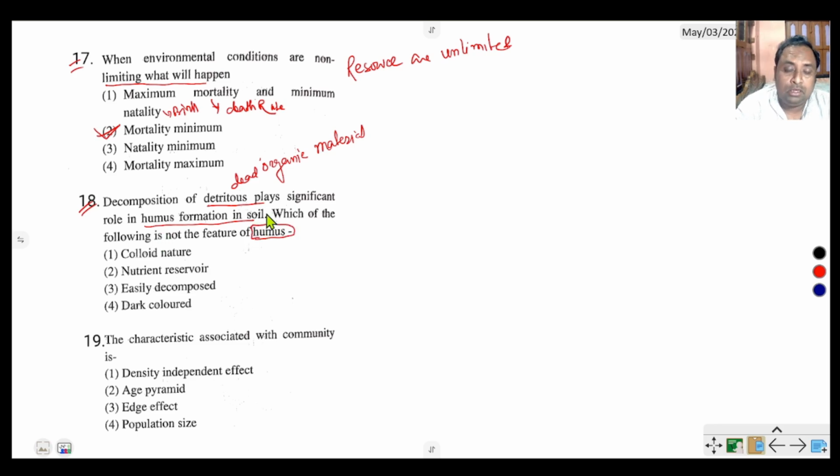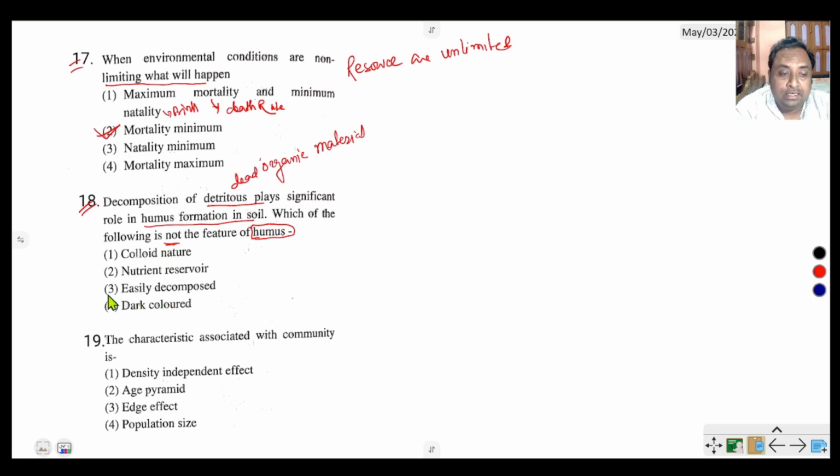Now, the soil with different organic composition. Humus: colloid nature, nutrient reservoir, easily decomposed, dark colored. Here we have to say which is not a feature.